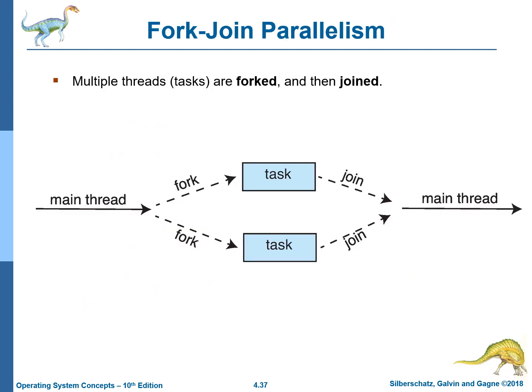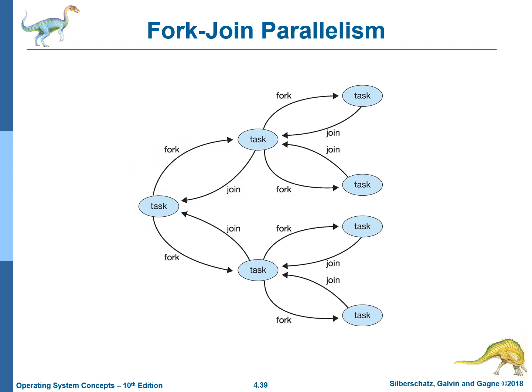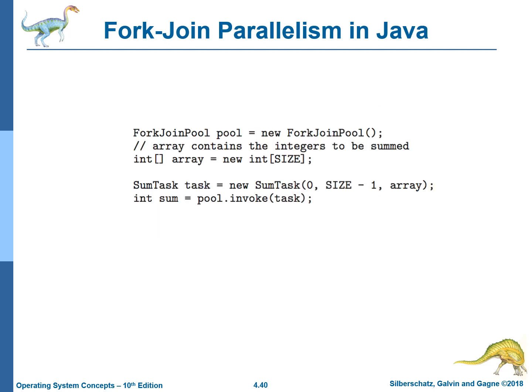Fork join parallelism. Multiple threads, which are tasks, are forked and then joined. This is a general algorithm for the fork join strategy. Fork join parallelism in Java.